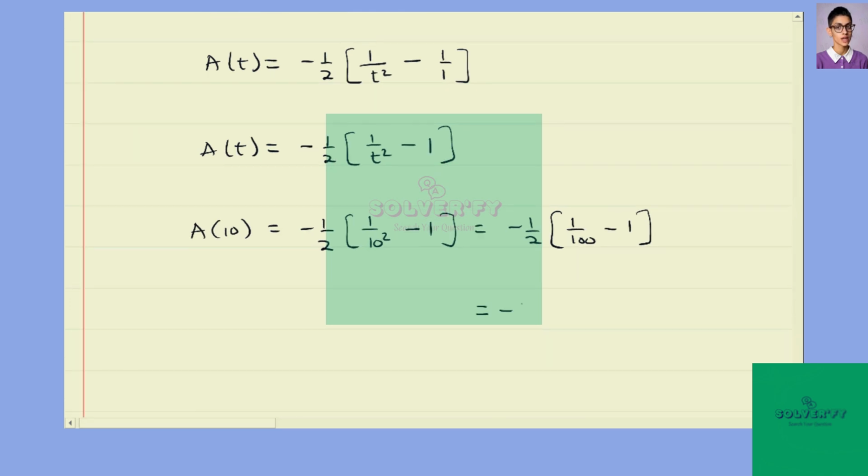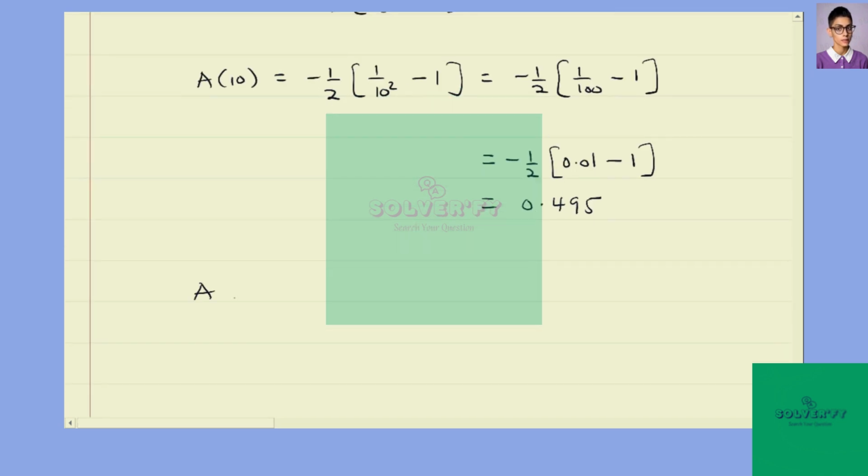This gives us negative half times 0.01 minus 1, so the whole thing becomes negative 0.5 times negative 0.99, which is 0.495.